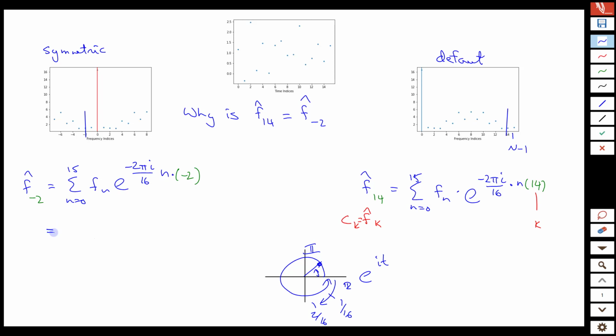So we're going to just rewrite this a smidge. Sum up to 15, n equals 0. And again, this is just counting off the real data points, 0, 1, 2, 3 to 15. And then we multiply that by negative 2 pi i. And here's what we're going to do. We're going to take the n, and we're going to put negative 2 over 16. I'm going to leave the bracket open there a bit.